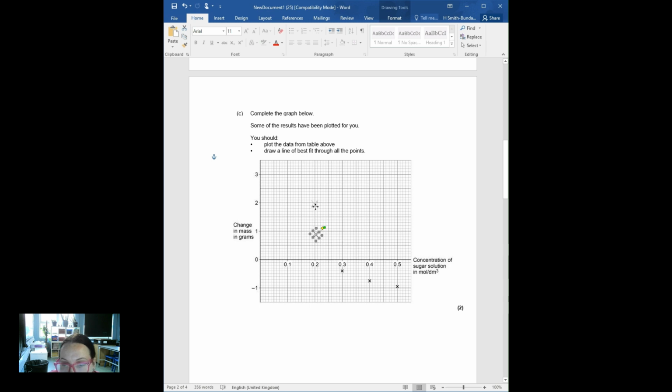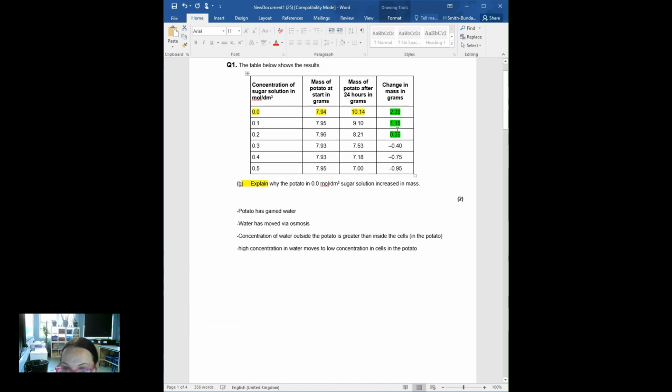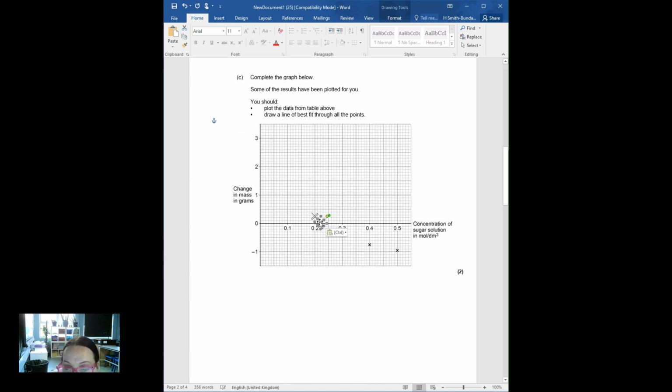Okay, so 0.2 was, if I remember rightly, 0.25, because these are our figures here. If I highlight them in green so we know what we're plotting, we're doing 0.25 because that's the change. It says change in mass. So let's find where 0.25 is. It's a bit lower than 1, this is going to be 0.5, so halfway is just between these two lines here.